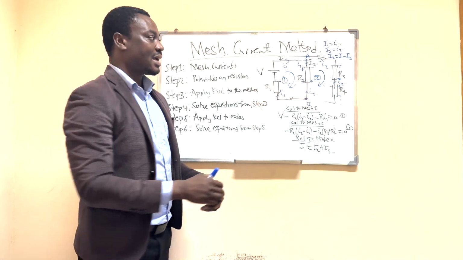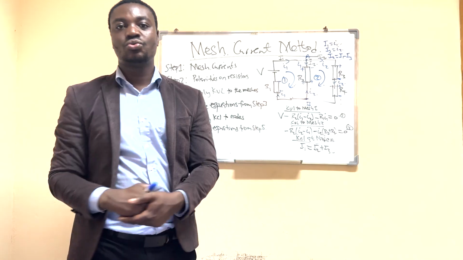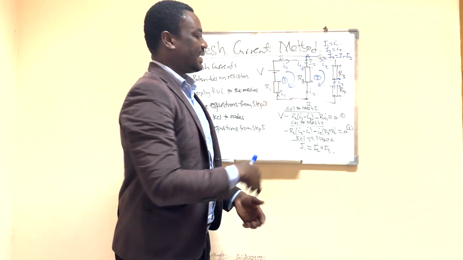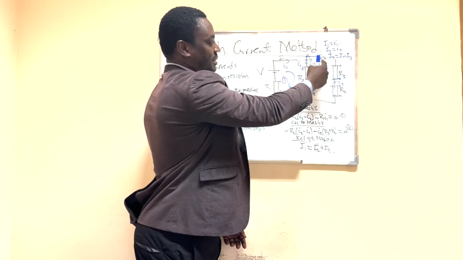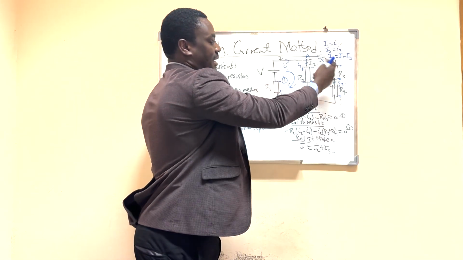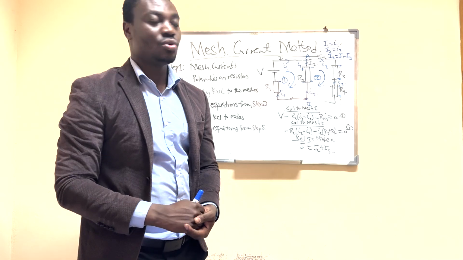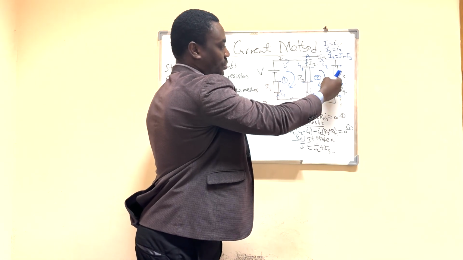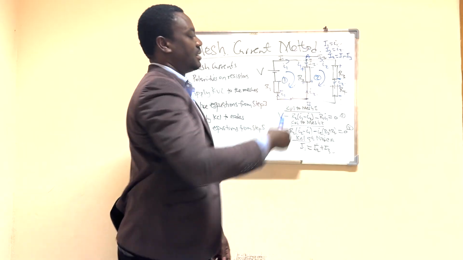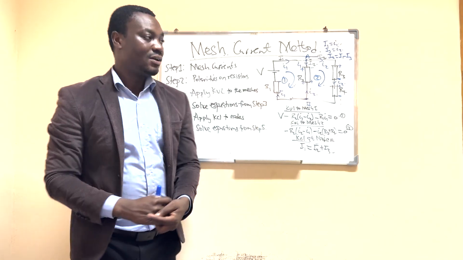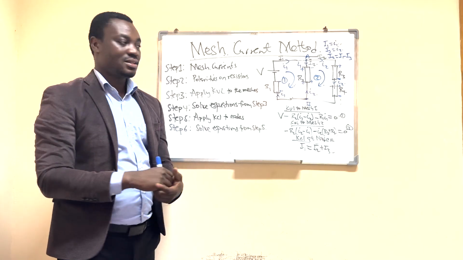Now we assign mesh current I2 to mesh 2. In that one too, the mesh current I2 is flowing through all the resistors in that loop as well. So we have here I2 going through R3, R4, and then R2. Now that we've done this, we've assigned the mesh currents.